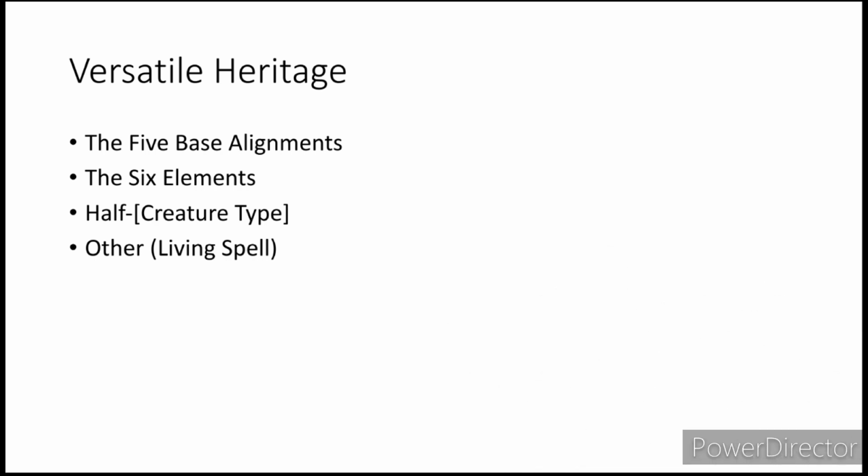Anyway, next is your half-creature type, not just elemental, since they have their own category. This is for your monstrosity, your undead, your fae. We only have 3, so it kind of makes it a little bit redundant to have everything, but sooner or later there are going to be more heritages that can fit into this category.